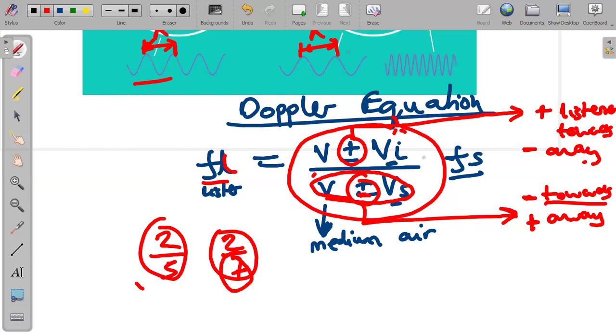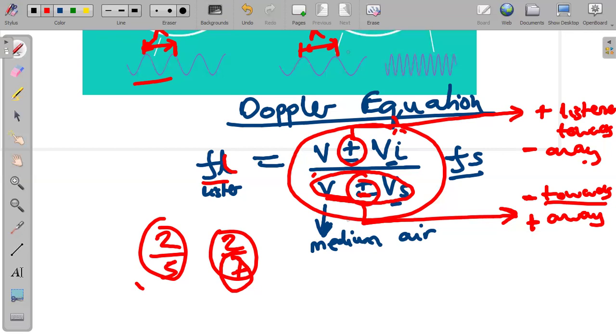And the velocity of the listener, in tandem with the frequency of the listener, is where we are talking of the recipient. And V is the velocity of the sound in air, depending on which medium it's traveling in.